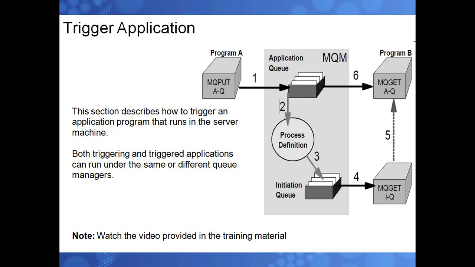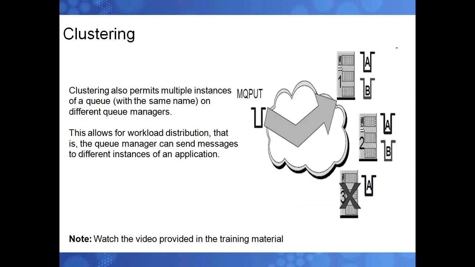So next comes clustering. Clustering also permits multiple instances of a queue on different queue managers. That is one of the advantages. But before we go to that, let me tell you what this clustering concept is all about.